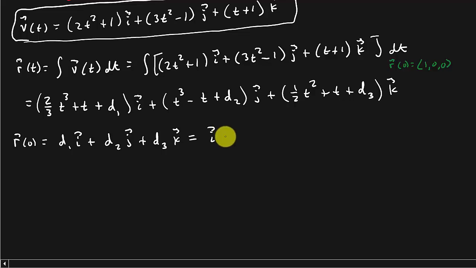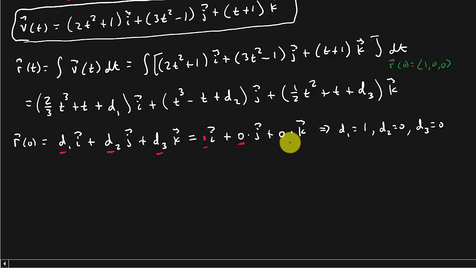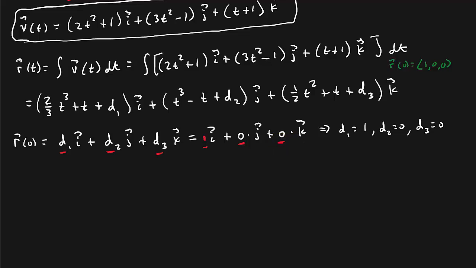Now you don't have to do this, but we can write this 0 times vector j plus 0 times vector k. And so you can see that this means that d1 is equal to 1, d2 is equal to 0, and d3 is equal to 0.